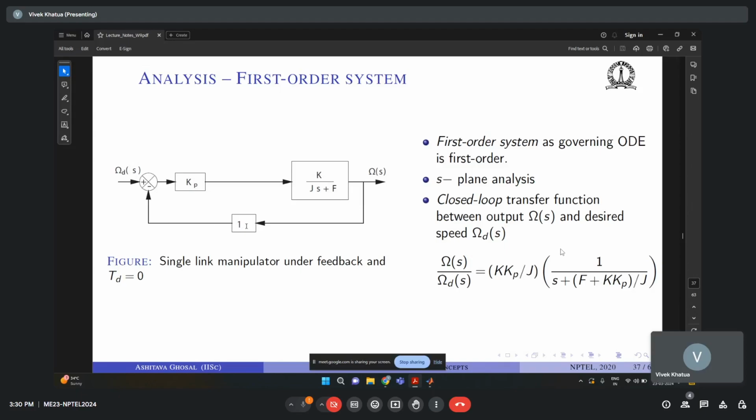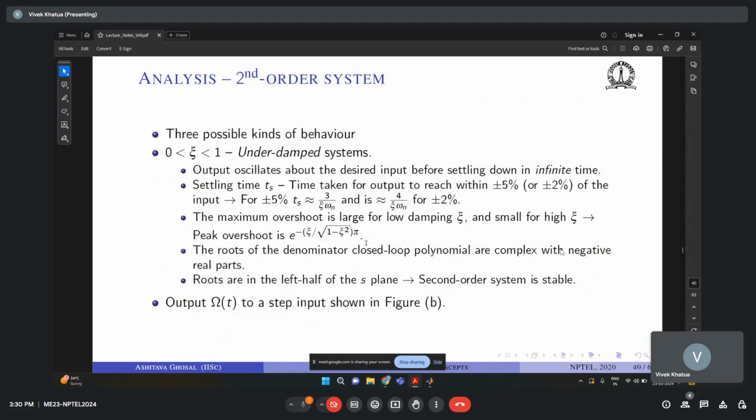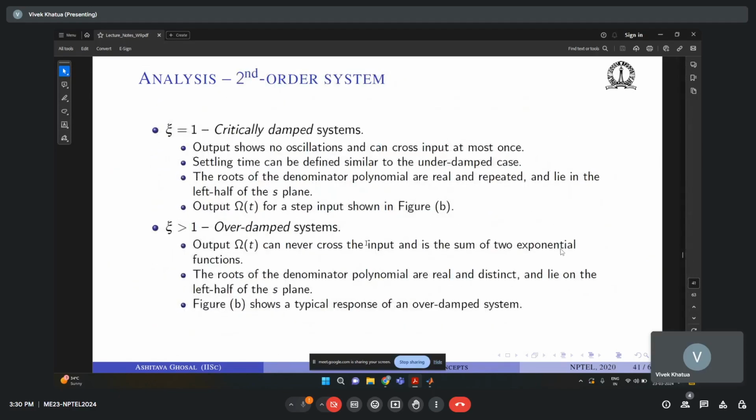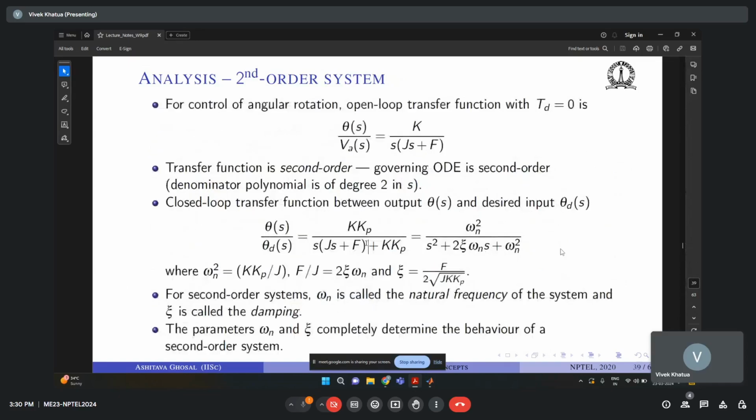You can have a factor of 2. If your sensor already has a factor of 2, you will have 1 by 2 here. You need to have theta d minus theta, the norm of it.